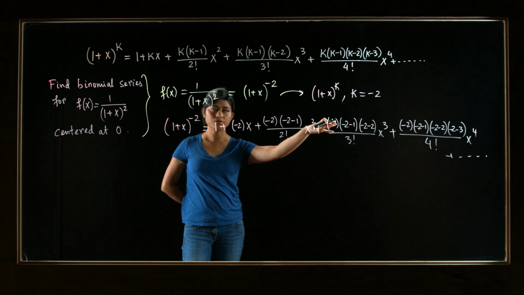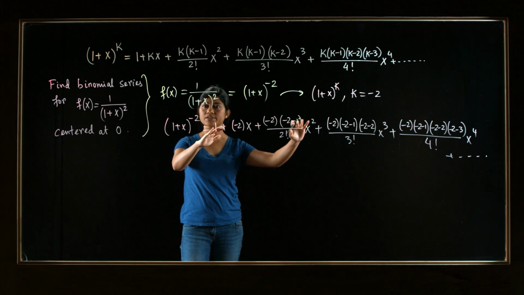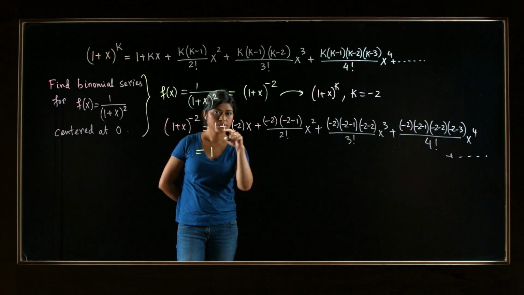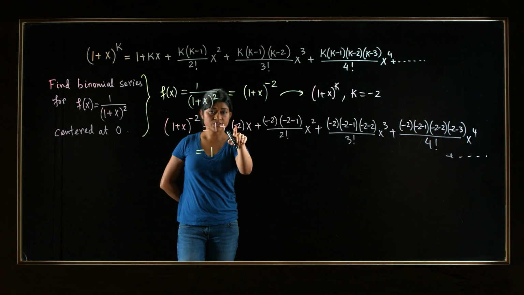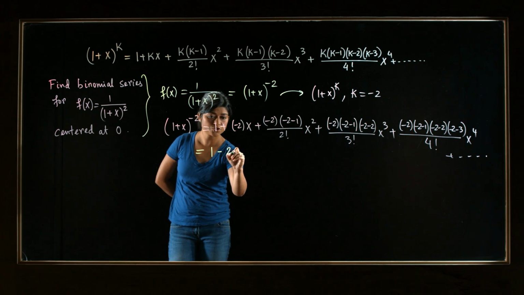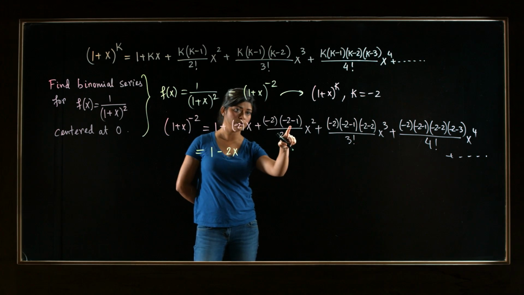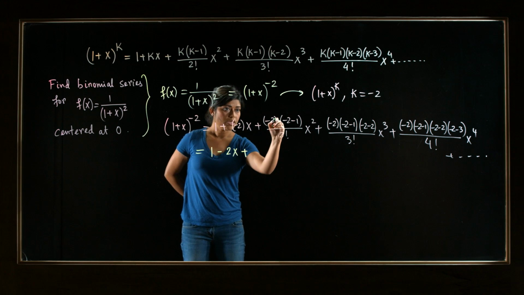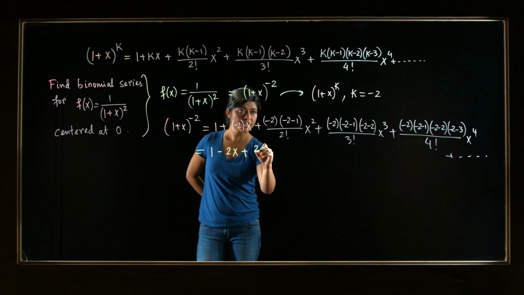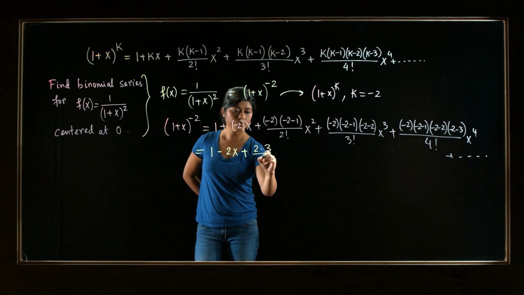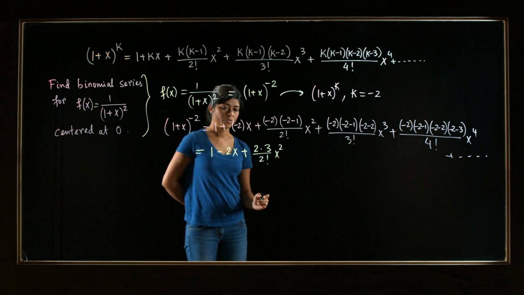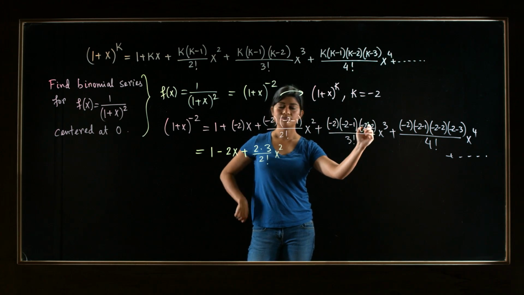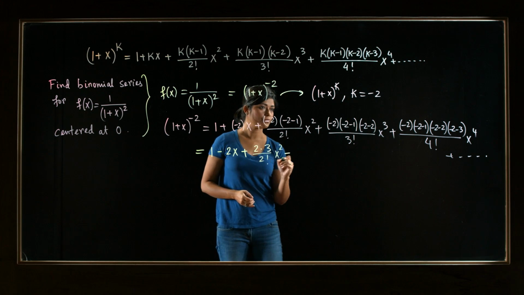Okay, so now let's see if we can simplify this a little bit, and if we can look at a pattern and write down this whole series in the sigma notation. Be careful with the signs. There's a negative sign for this term, so negative 2x. For the third term, we'll have a negative and a negative, so it'll be positive, and in the numerator we'll have 2 times 3 over 2 factorial, x squared. In the next term, there are 3 factors, and all of them will be negative, so we'll get a negative.